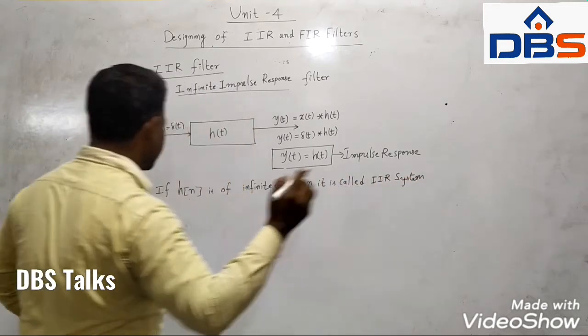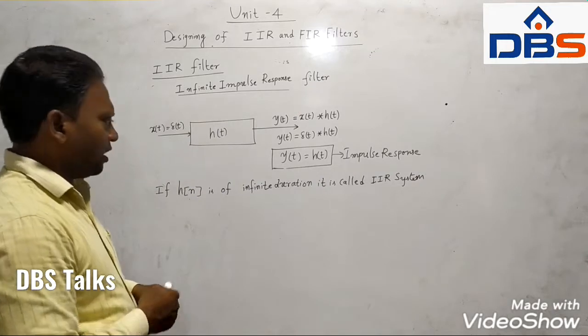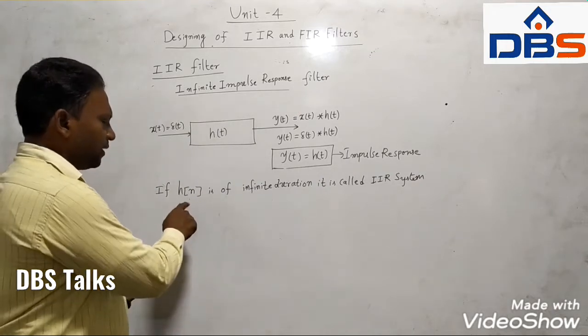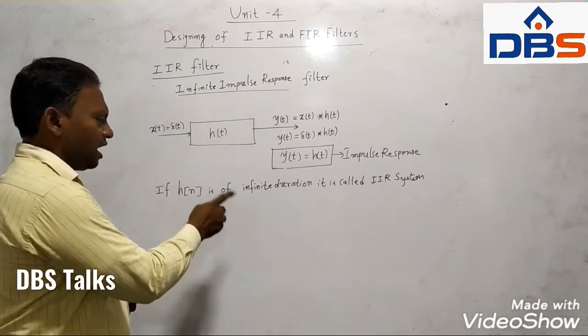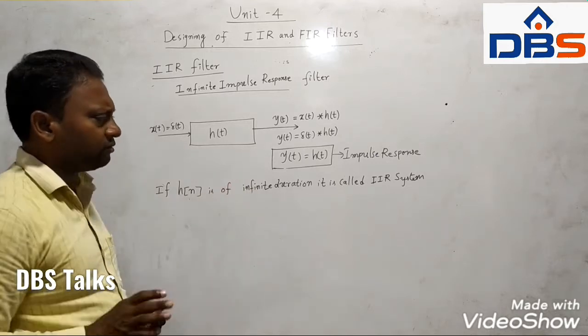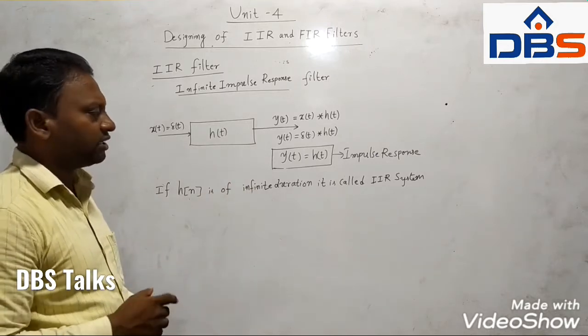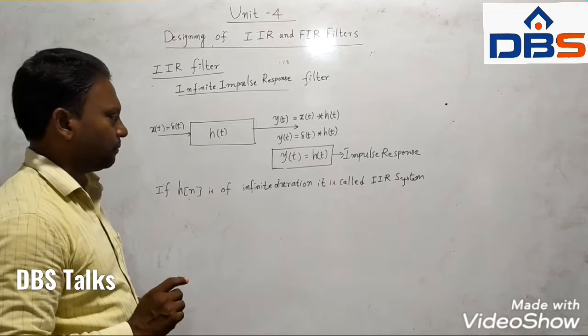Suppose a system has an impulse response h of n, and if it has infinite duration, it is called an infinite impulse response system.